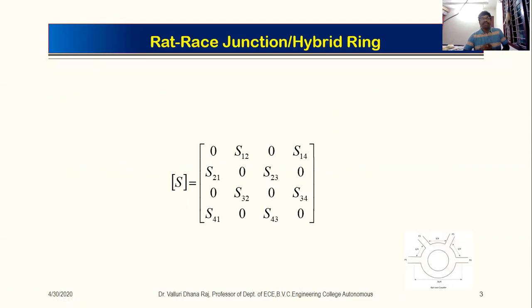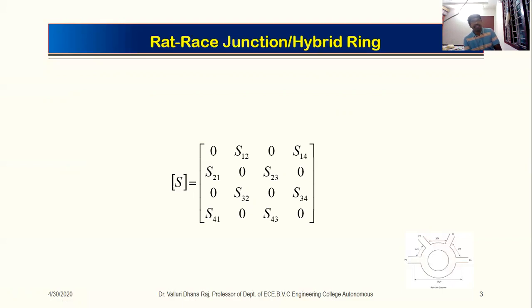You can use this scattering matrix and apply properties like S into S star is equal to I, a unitary matrix. S star, as I have already mentioned, is the complex conjugate of the scattering matrix. If I do multiplication of row and column, R1 C1 is equal to 1, R2 C2 is equal to 1, R3 C3 is equal to 1, likewise R4 C4 is also equal to 1.